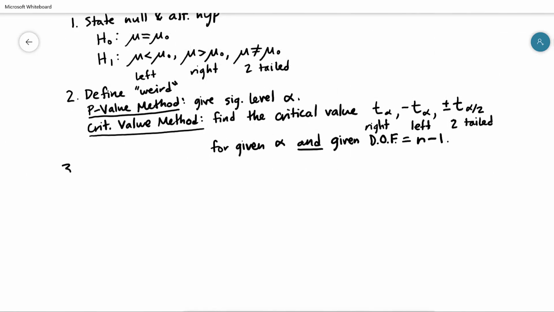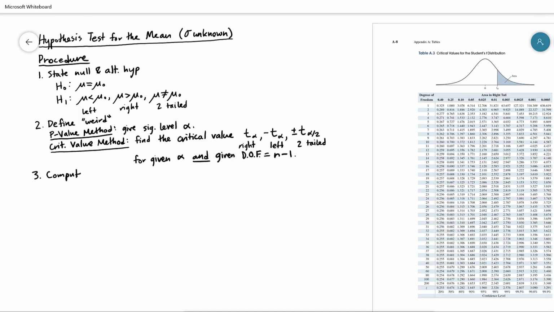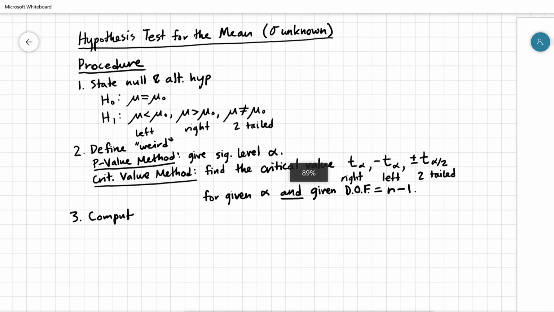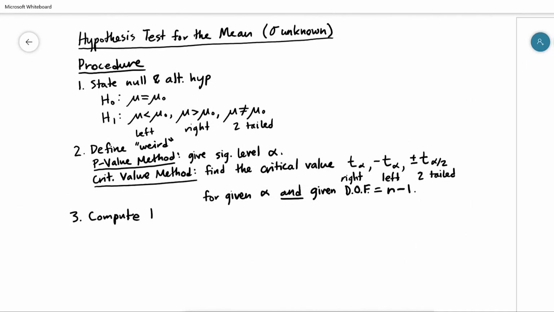In the third step, we actually look at our evidence and see where it falls. So in the third step, we compute the test statistic.